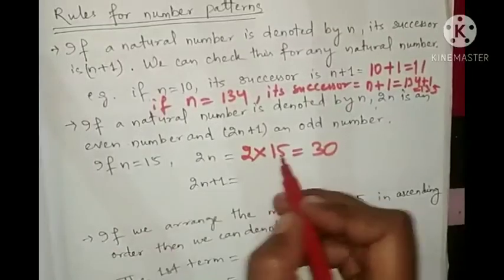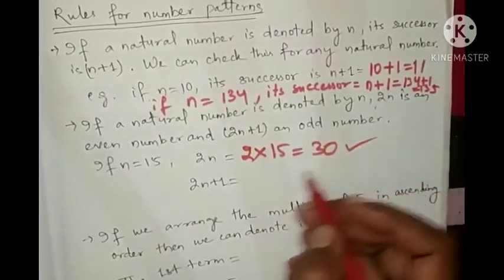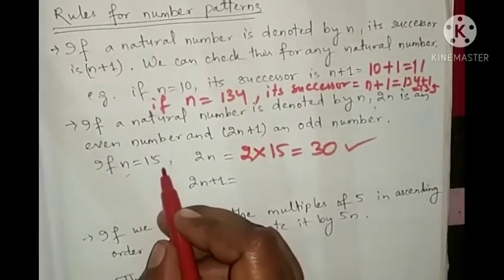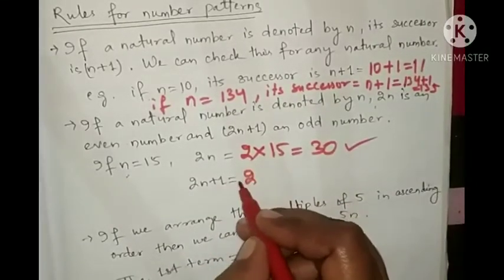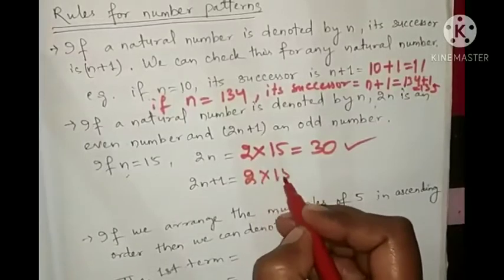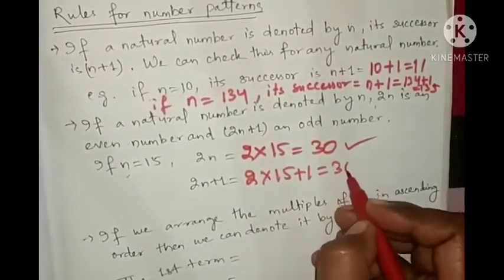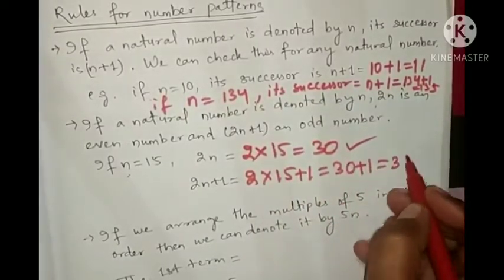For n equals 15, let's find the odd number 2n plus 1: 2 into 15 plus 1, that is 30 plus 1, equal to 31.